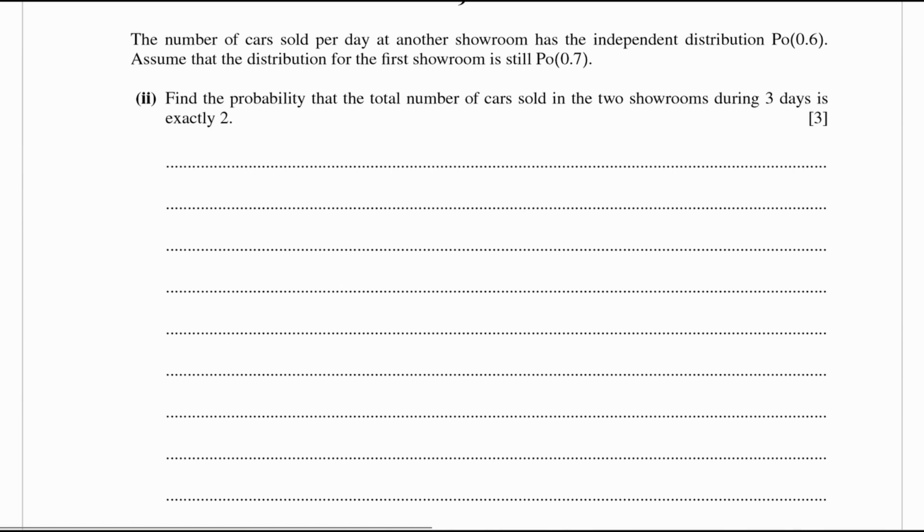The number of cars sold per day at another showroom is Poisson 0.6. Assume that the distribution for the first showroom is still Poisson 0.7. Okay, find the probability that the total number of cars sold in the 2 showrooms during 3 days is exactly 2.